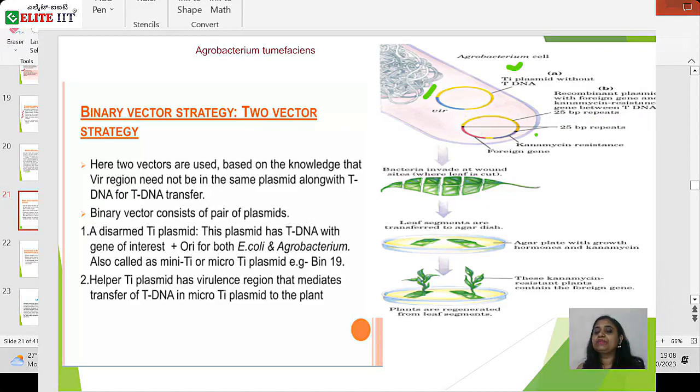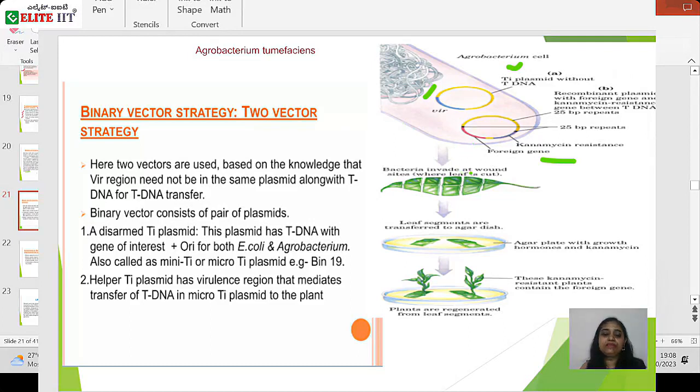So in the T-DNA region, your gene of interest is inserted and the kanamycin resistance gene is inserted. These 25 base pair repeats, the left border and right border, should be there. The foreign gene and kanamycin gene are there, but the V region is not present in this case.